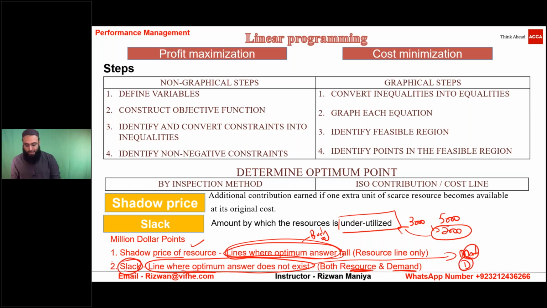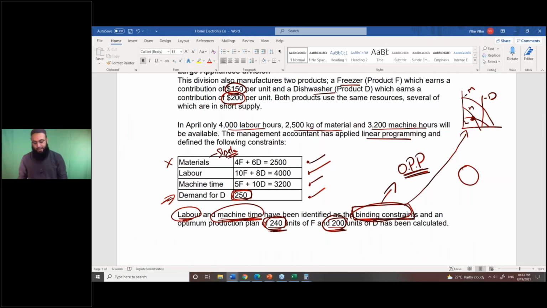Now you will be thinking, how did I know this? The only indication I had here was that the question said labor and machine have been identified as the binding constraint, which means the optimum answer is at these two only, and the other two lines are the ones where the optimum answer is not, so there will be slack.